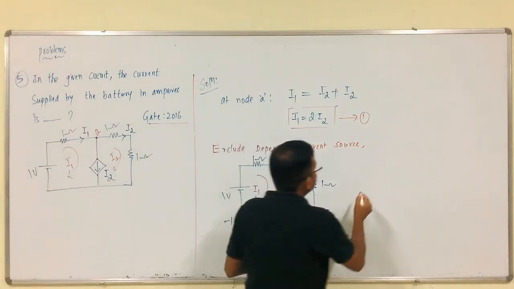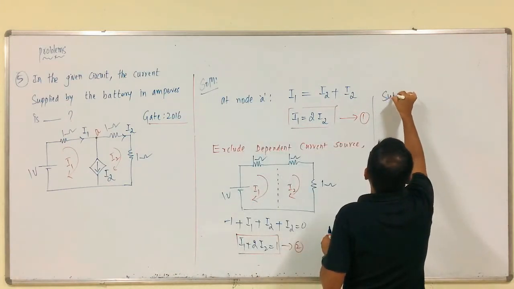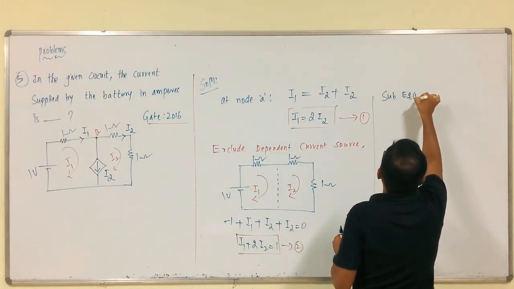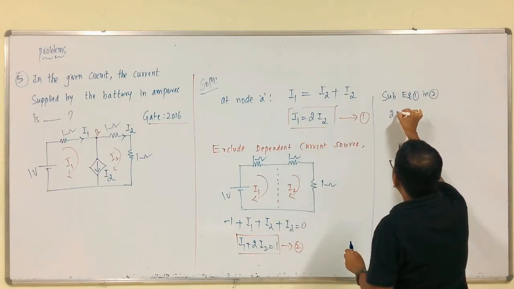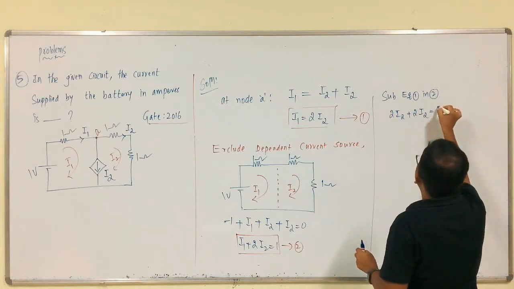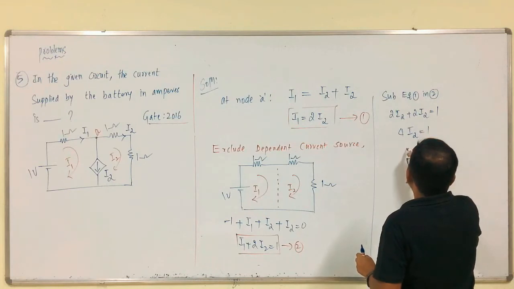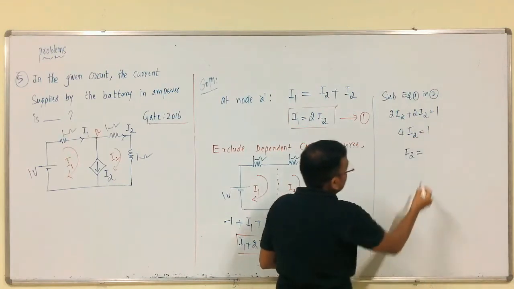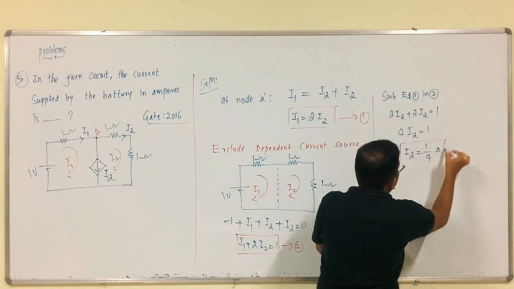Therefore, substitute equation 1 in 2, that is I1 equals 2 I2. Therefore, 2 I2 plus 2 I2 equals 1. Therefore, 4 I2 equals 1, I2 equals 1 by 4 amps.